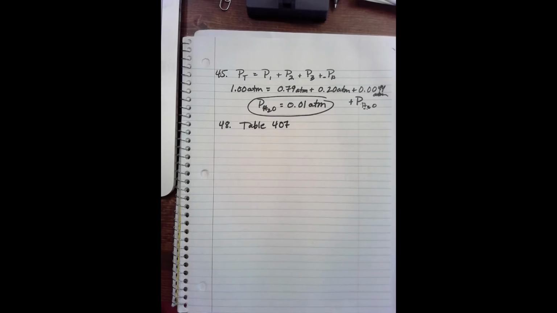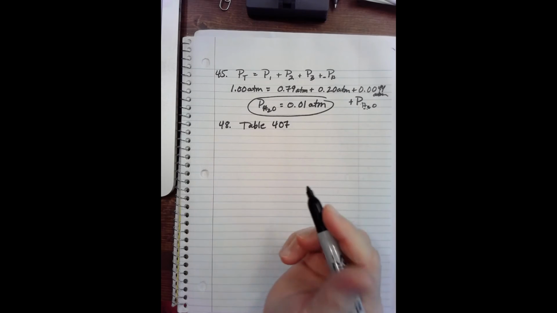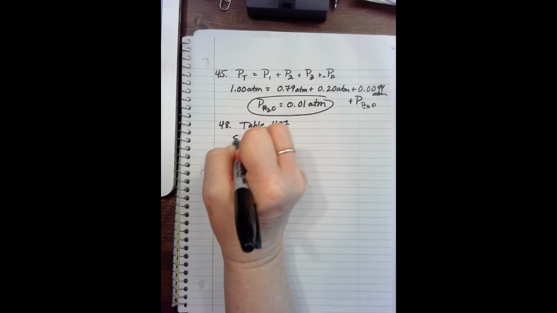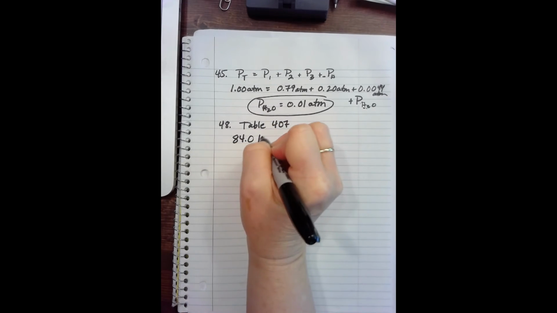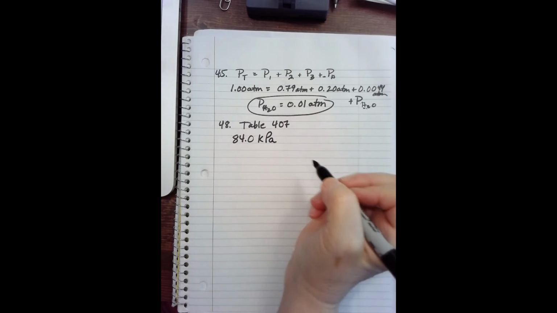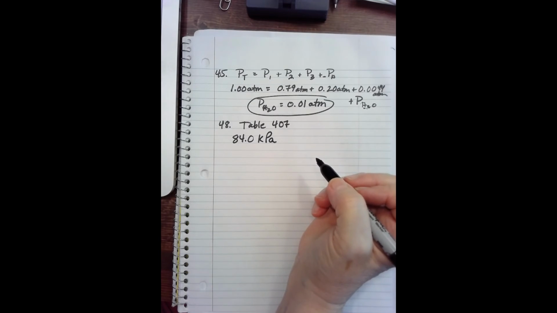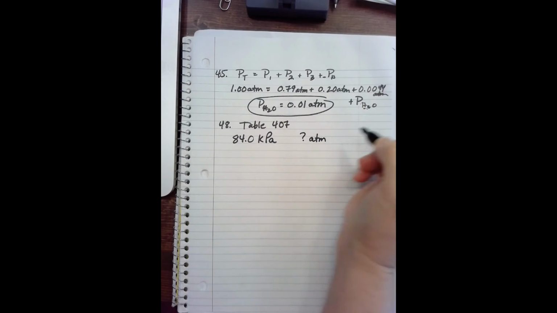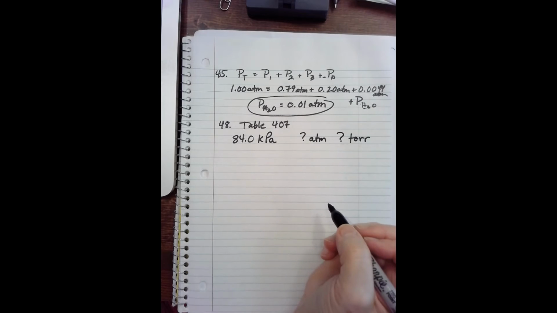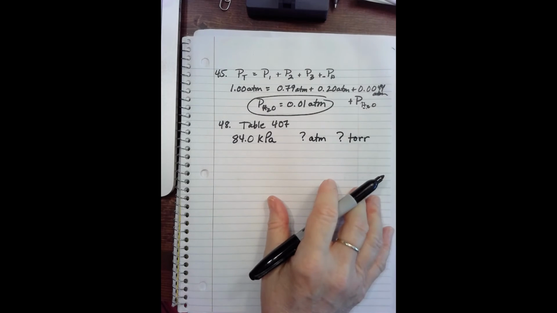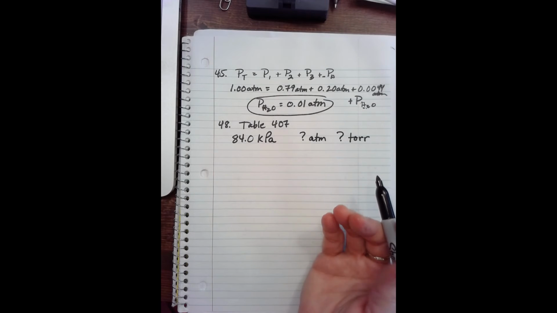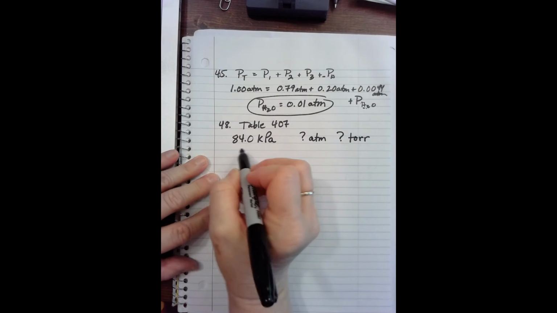So let's take a look at this question. It says the atmospheric pressure in Denver, Colorado is usually 84.0 kPAs. What is this same pressure in ATMs, and what is this pressure in torr? All right, so we have two conversions to do here. What we would simply do is look at that table and say, what is equivalent pressure?